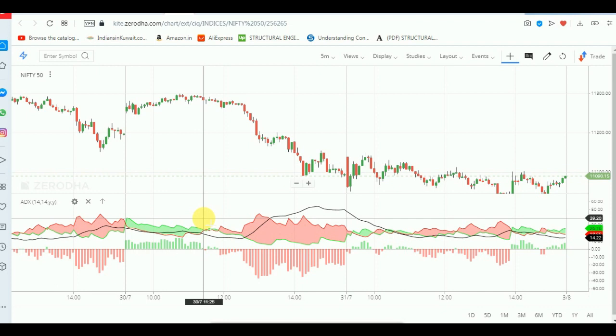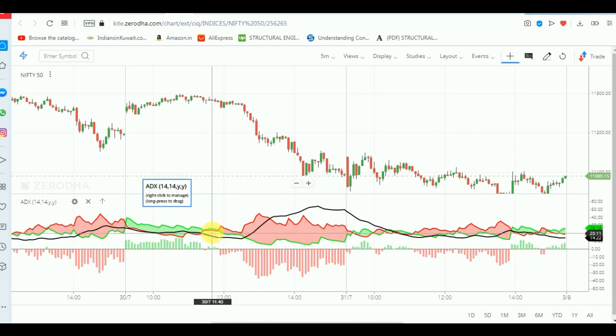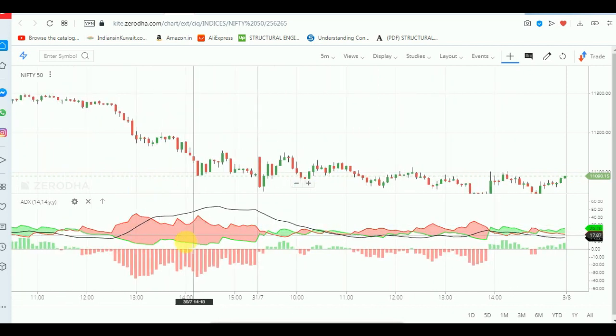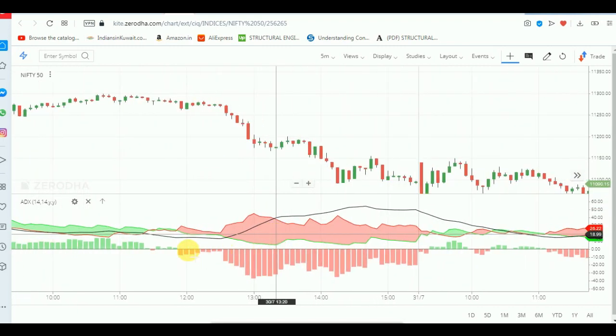Many of the other indicators show only the trend of a particular stock or market, but this indicator also shows the strength of the movement. Let me show you how the strength can be understood from this indicator. Let me zoom in here, right?